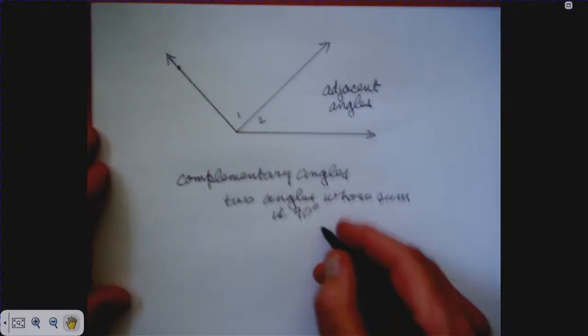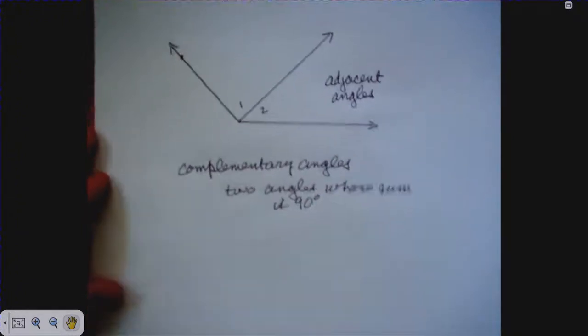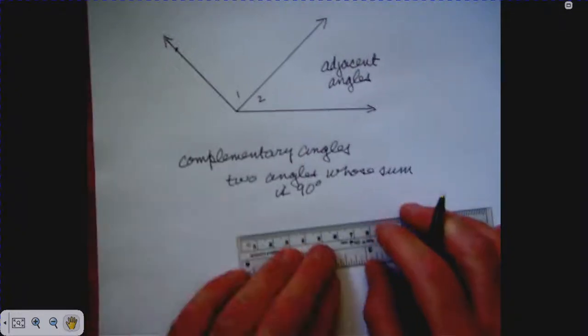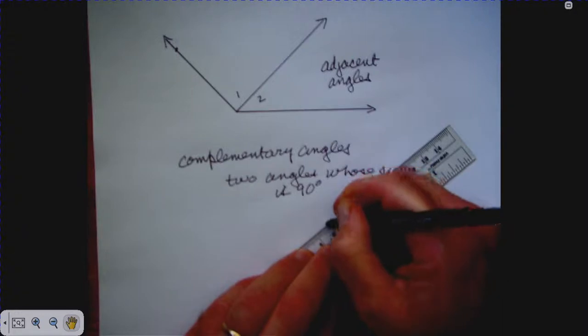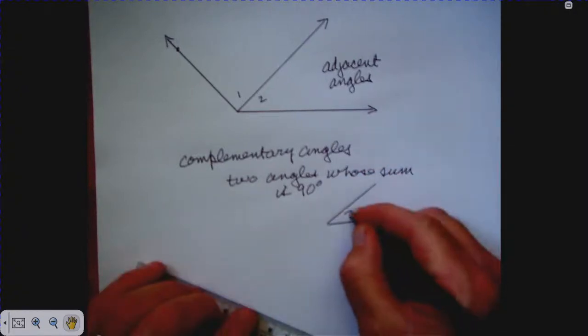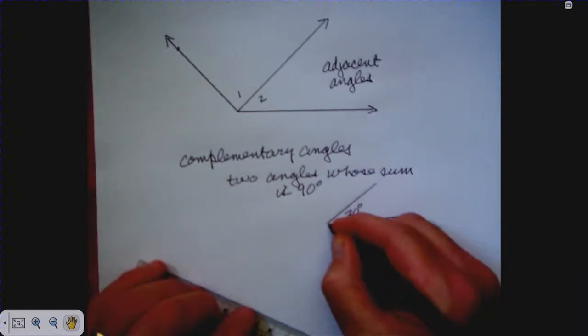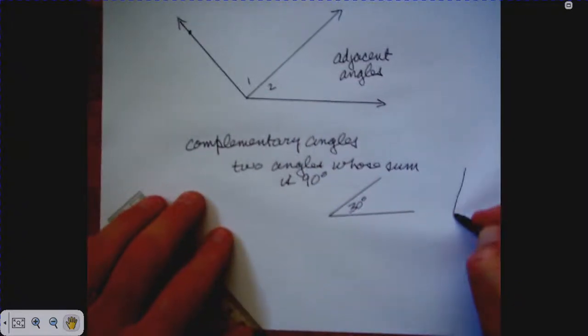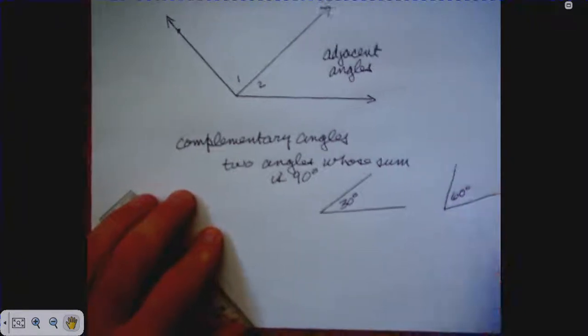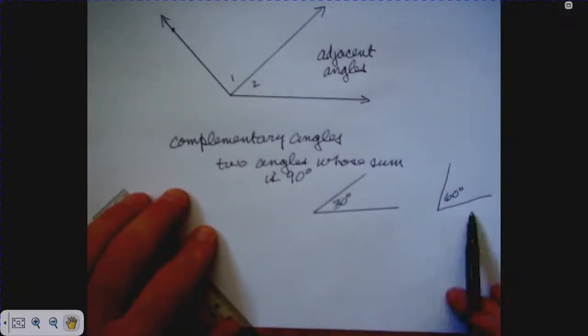So, for example, if I have this angle here, which I'm going to say is 30 degrees, and then I have another angle here, which is 60 degrees, because these two angles add up to 90 degrees, these two angles are complementary.